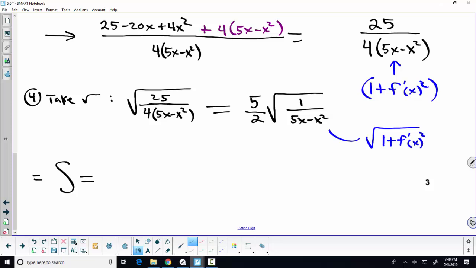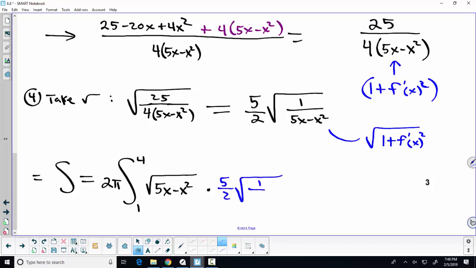Surface area, I forget our bounds. I'm going to go from 1 to 4, thank you. We'll put our 2 pi out here. f of x, which is the radii of each circle, times the square root of 1 plus f prime squared, which was our 5 halves, root 1 over 5x minus x squared.